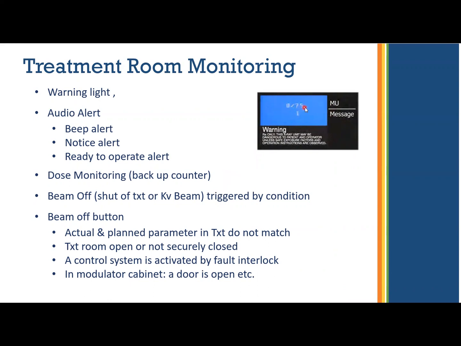You can see the monitoring units, and you can also record these monitoring units. And if there is a failure, these monitoring units work as a backup as well. So audio alert is there, beam alert, notice alert, ready to operate alert, those monitoring, beam off buttons are available on the console.